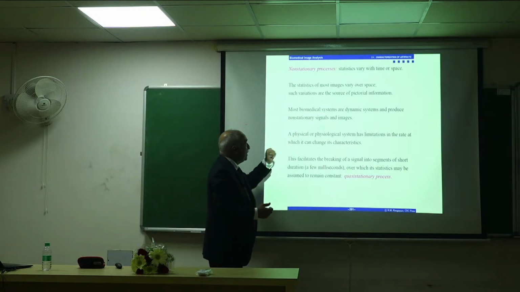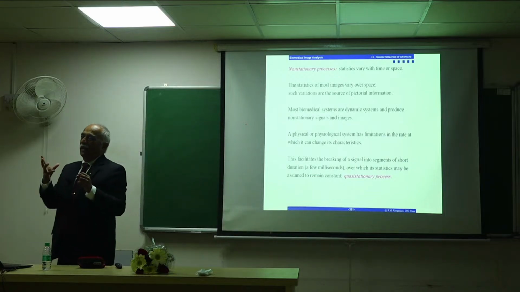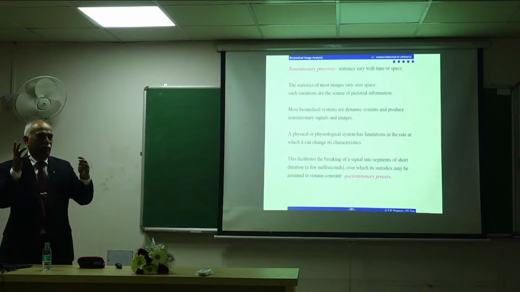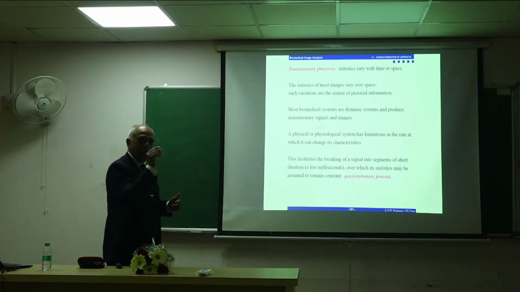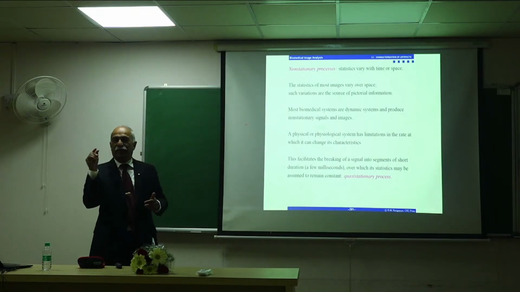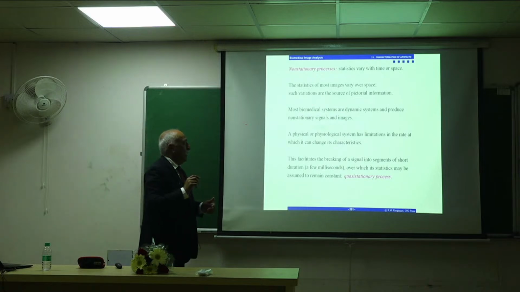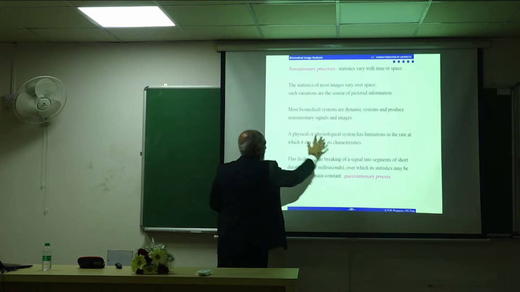A physical or physiological system has some limitations though. The heart rate can only be so much, maybe up to 250 or so. So if you take smaller divisions of time, you can assume the signal is stationary within that small interval. Or you have a big image, you know in this part there is nothing, and in this part there is something else.